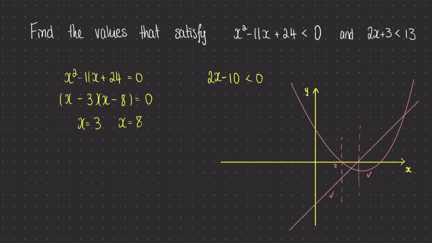Well, we've done this already for the quadratic, and where my linear inequality crosses the x-axis is going to be 10 over 2, which is 5. What I've done is I've taken my linear inequality and set it equal to 0 and solved to find the value of x. So the values that satisfy both of these inequalities are in between the two dotted lines, so the smaller value is 3 and the larger value is 5.